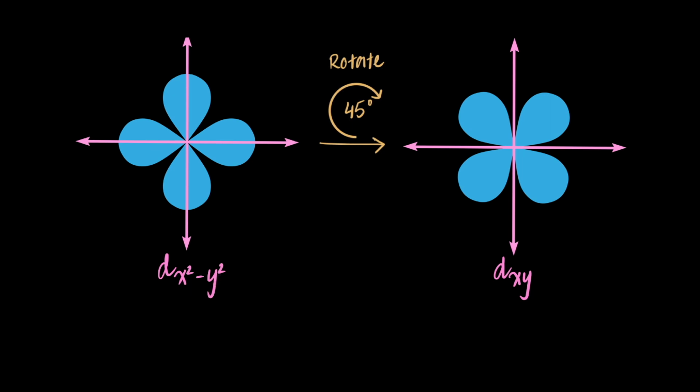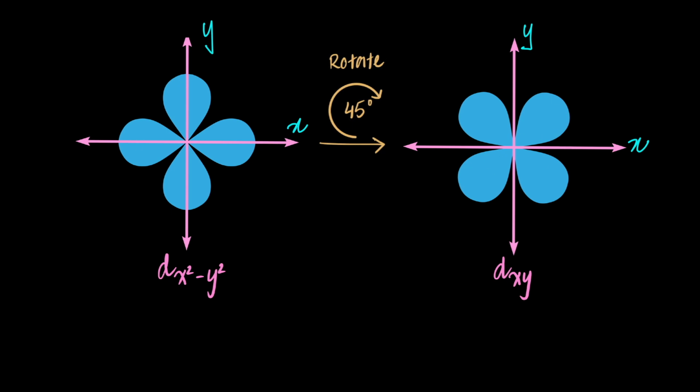But what makes them different is that both of these have 4 lobes. The dxy has its 4 lobes within the 4 quadrants, meaning they are lying between the axes. This can be considered the x-axis, the y-axis, the x-axis, the y-axis.